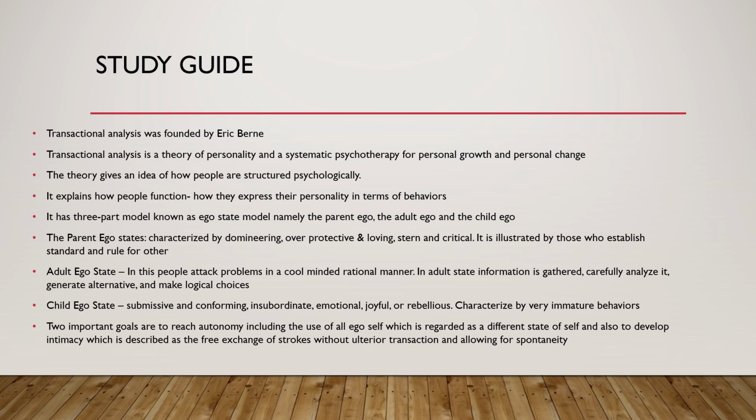Information is gathered and carefully analyzed, alternatives are generated, and logical choices are made. The child ego state is submissive, conforming, insubordinate, emotional, joyful, or rebellious, characterized by very immature behavior.